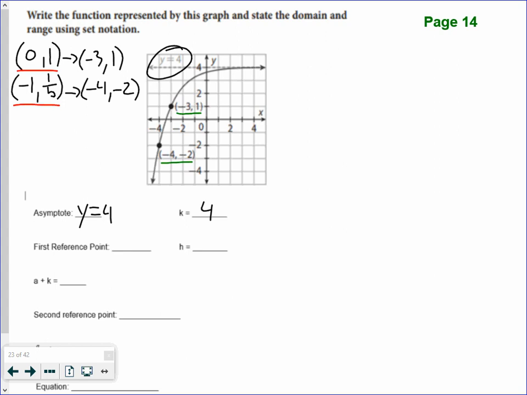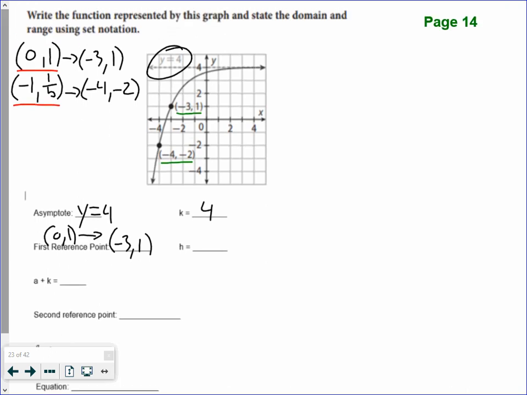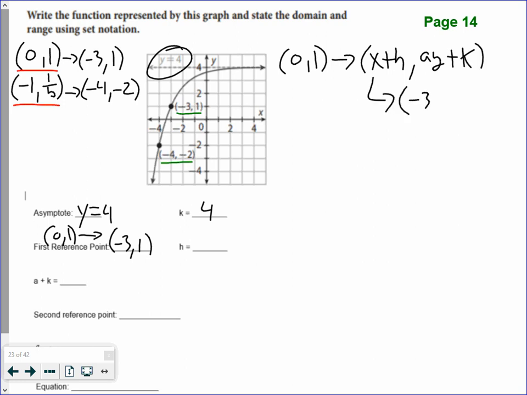So the first reference point, back to our blanks over here, is going to be (-3, 1). Remember the point (0, 1), that's what we call our first reference point, and that transforms into (-3, 1). Another way to say that is, when we put the point (0, 1) into our transformation rule of (x + h, ay + k), it's going to shoot out the point (-3, 1).